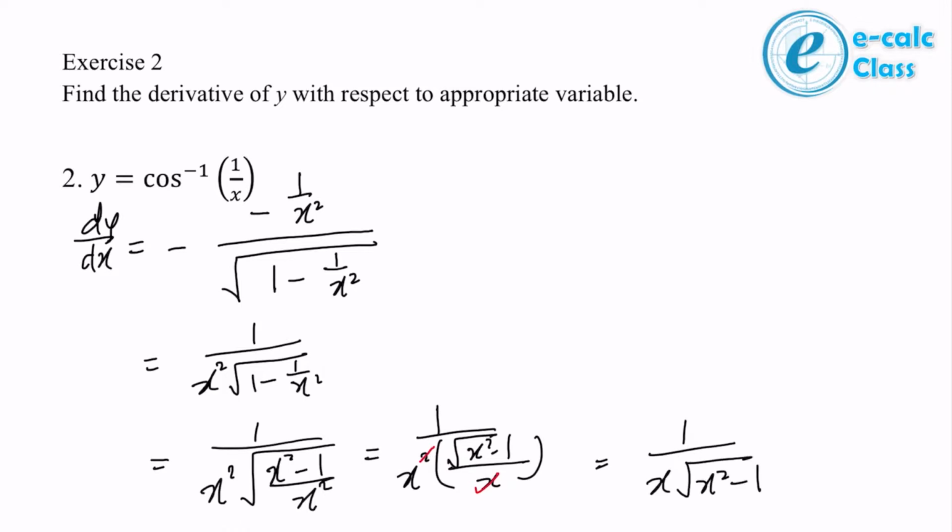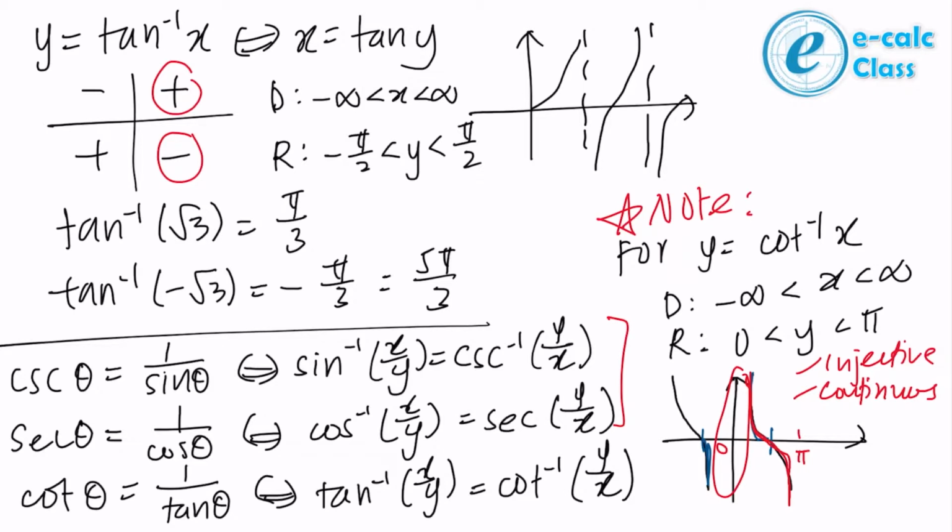Do you feel that this is very familiar? Very familiar, huh? I told you this just now, right? If you have a 1 over something, how do you make it easier to differentiate? When we talk about inverse, see here, cos inverse of 1 over x is just secant inverse of x.